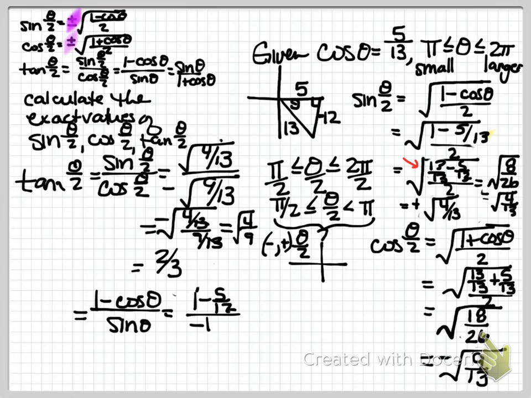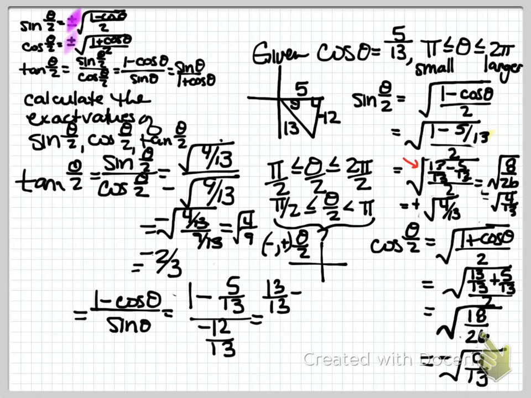Going down to use the other formula. So 1 minus 5 over 13 divided by the sine, which would be negative 12 over 13. And I forgot to bring a negative here. Common denominator is going to make that 13 over 13 minus 5 over 13 divided by the negative 12 over 13.